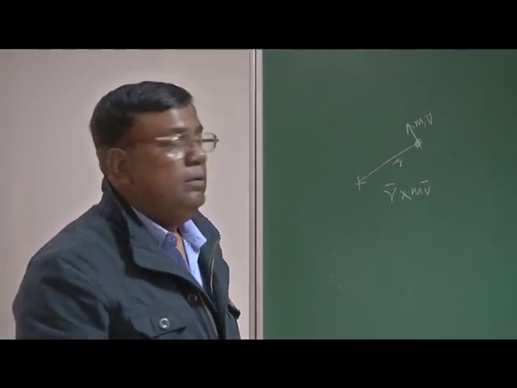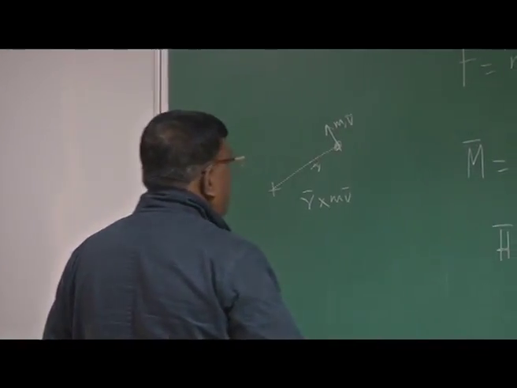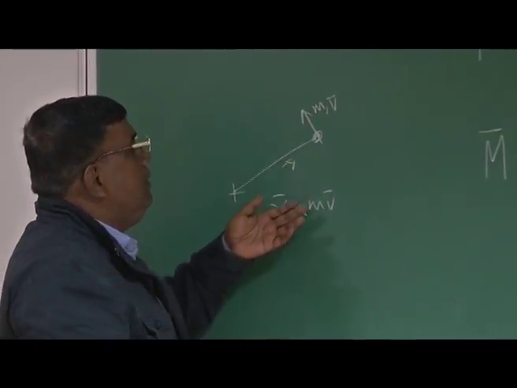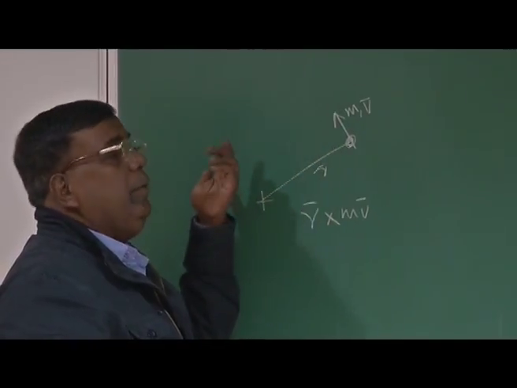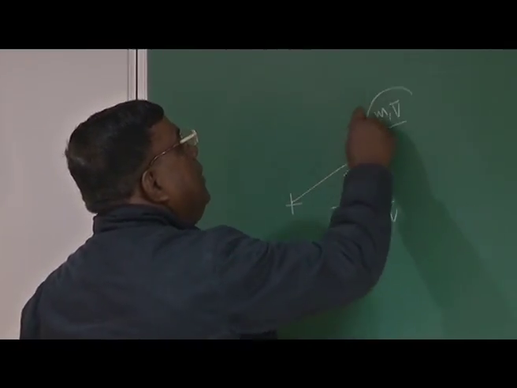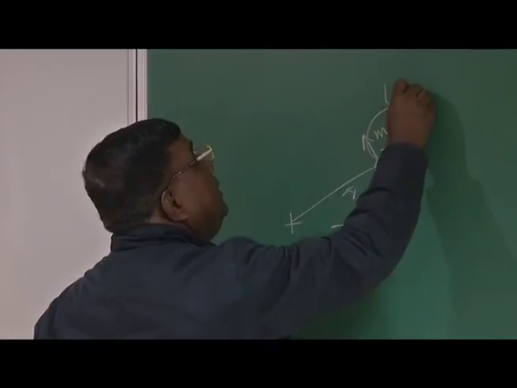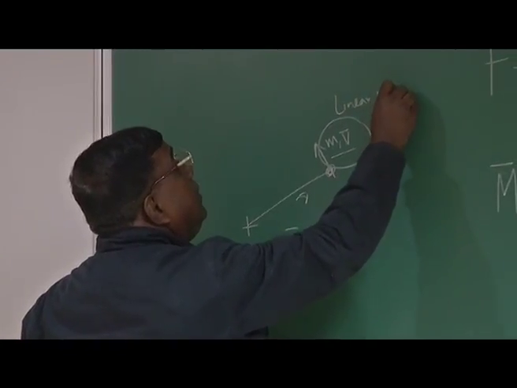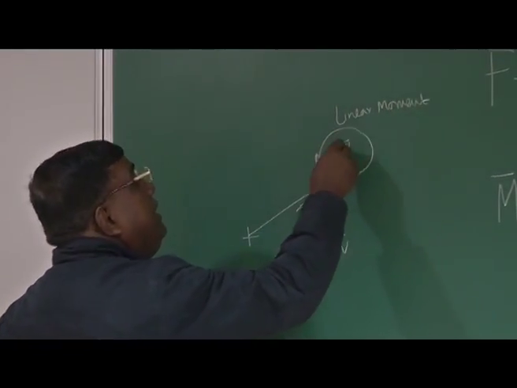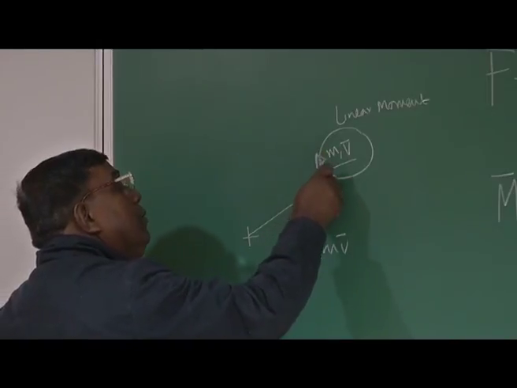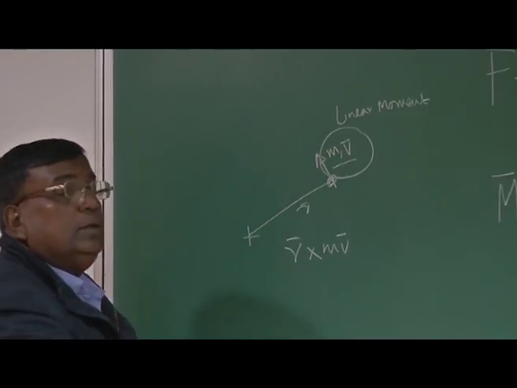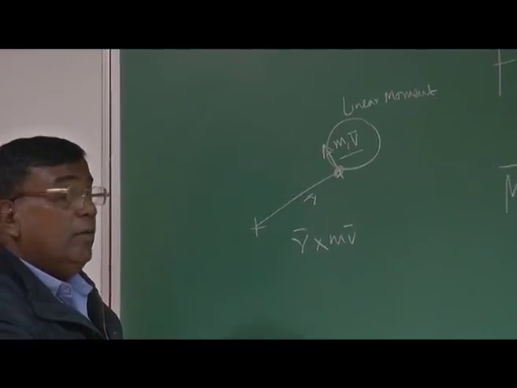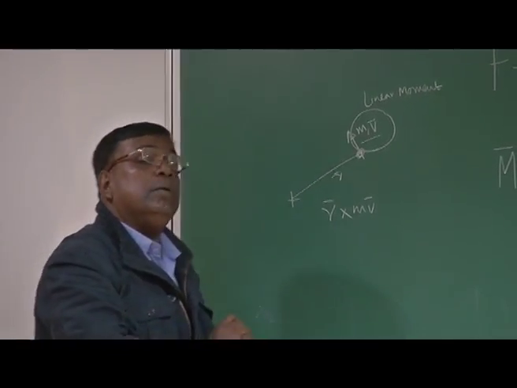One of my teachers told me, if you want to remember what angular momentum is, remember it like this: it is the moment of the momentum. So moment of the linear momentum. This is linear momentum, mv. And you know, moment means force into distance, right? So think in terms of moment of the linear momentum being angular momentum.